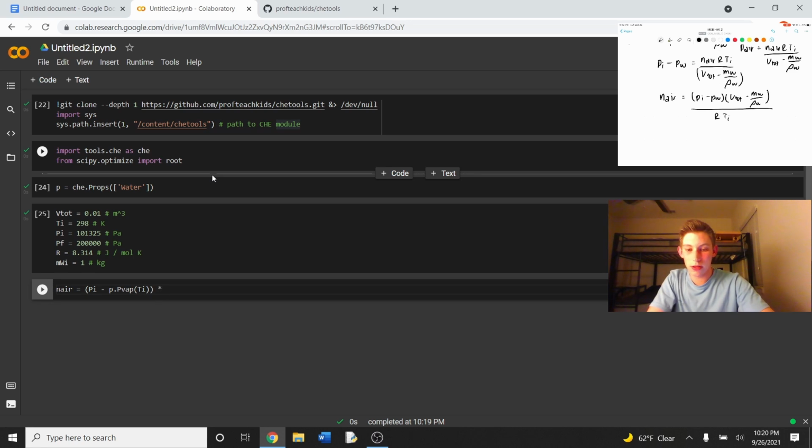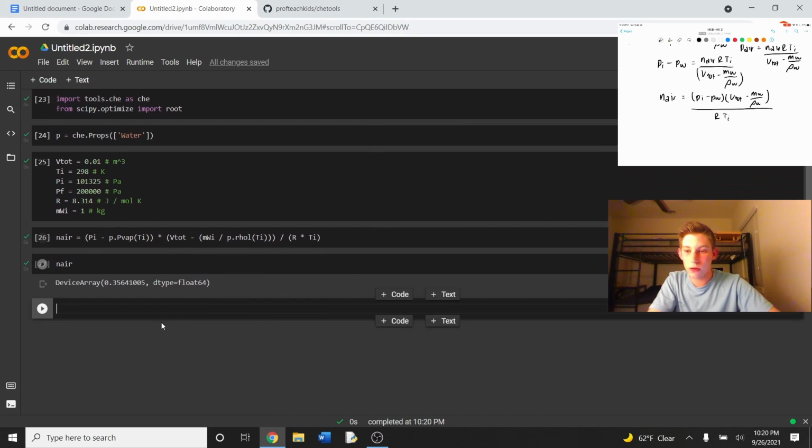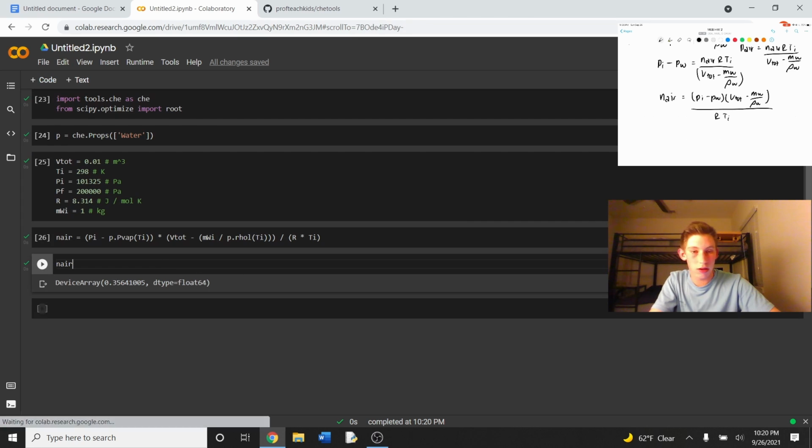This is going to be multiplied by the total volume subtracted by the mass of the water divided by the density of water, which we can do here. And this is all going to be divided by the gas constant times the initial temperature. So let's see how many moles of air we're working with. About 0.356 moles of air.